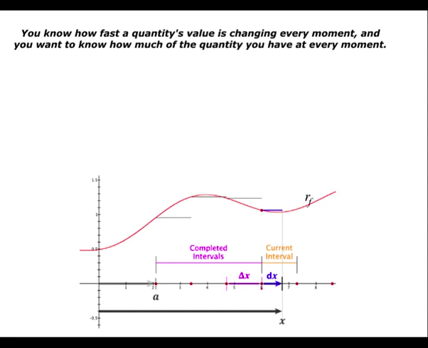A rate of change function. It gives different values for different values of the input variable. That's the red curve. We know how fast the quantity value is changing every moment. We want to know how much of the quantity we have at every moment. That's this accumulation function that we're building out of it.